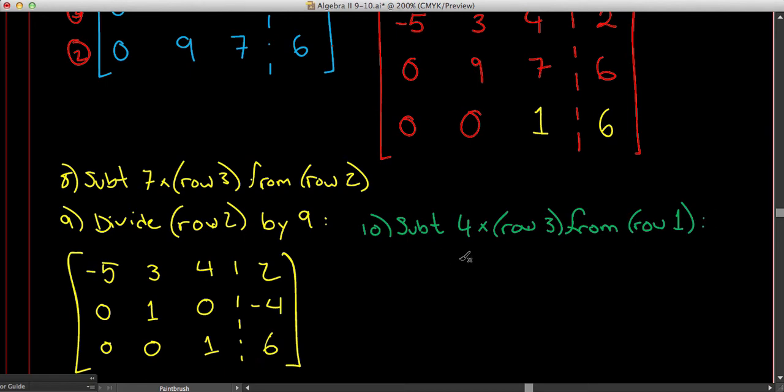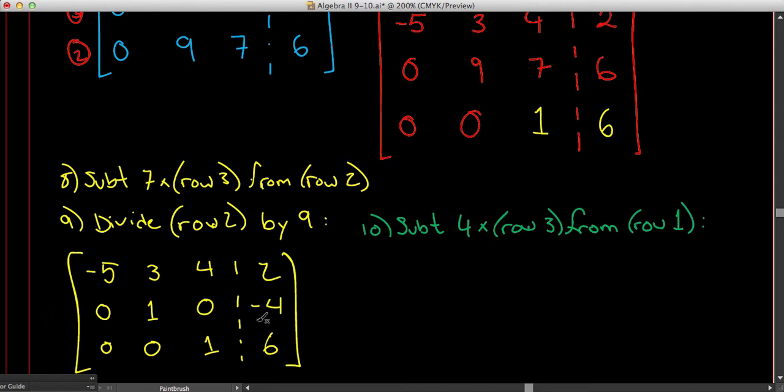Okay. And if we do that, I'm realizing now that that is probably not the best thing that we should do first.